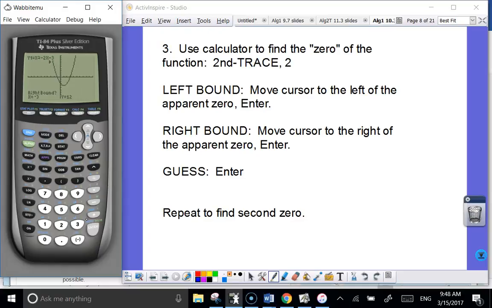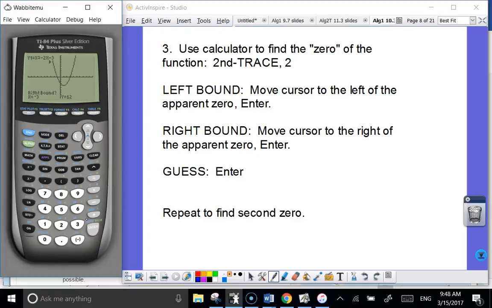Instead of entering values like -3, you could just use the arrow keys and move the cursor. So this time, I'm going to use the right arrow to move the cursor so that it goes somewhere in this area here, because I need an x value which is to the right of the zero. Not to the right of this zero, but just to the right of this zero.